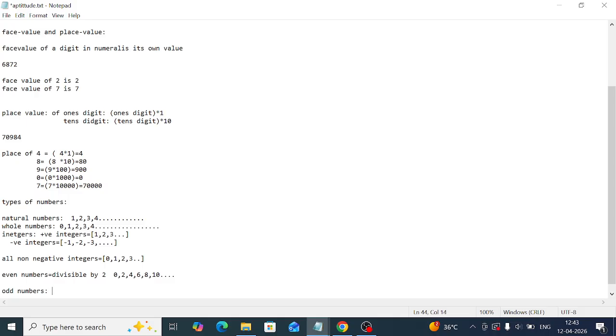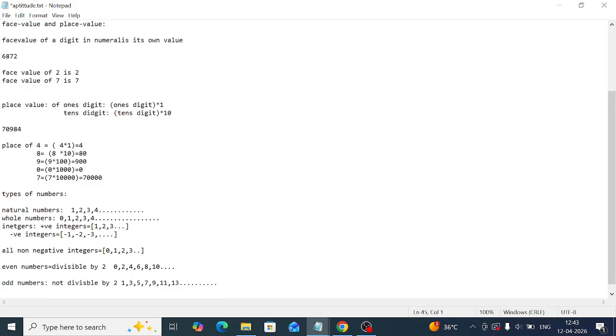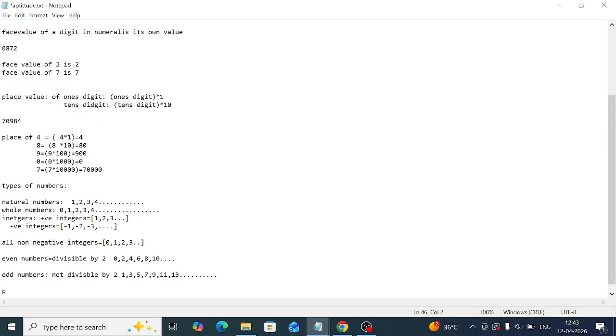Which is not divisible by 2. See, 1, 3, 5, 7, 9, 11, 13 and so on are called odd numbers. Next, prime numbers.